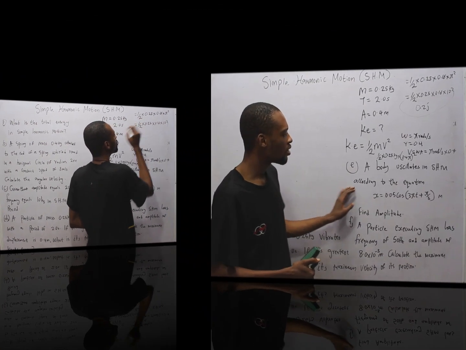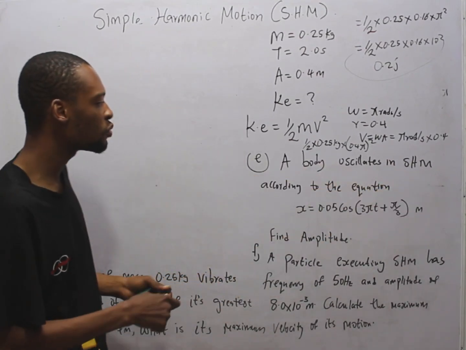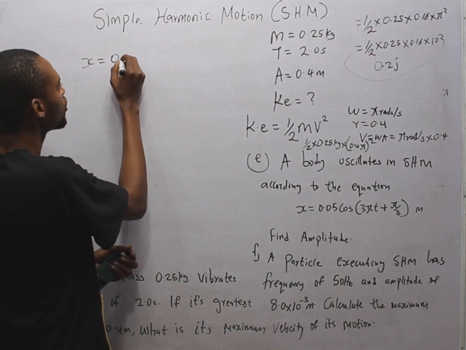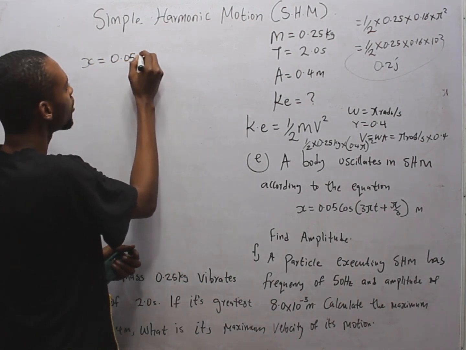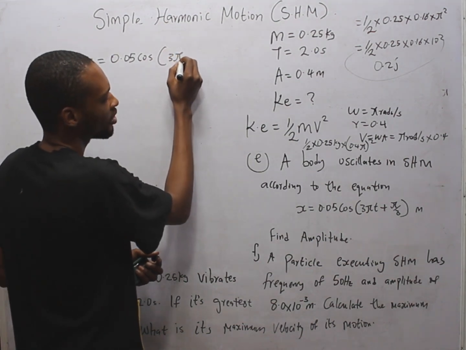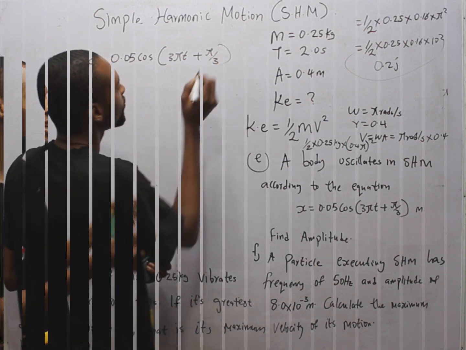A body oscillates in simple harmonic motion according to the equation. So we are given S is equal to 0.05 cos(3 pi t plus pi over 3).